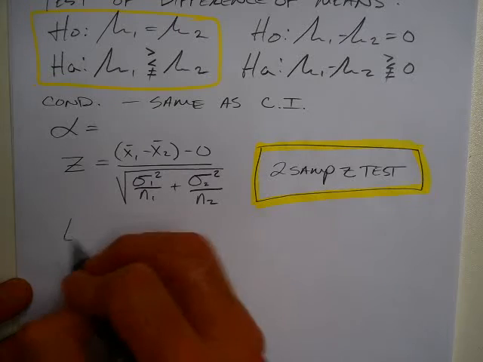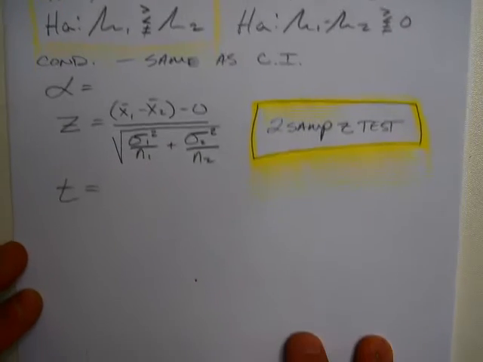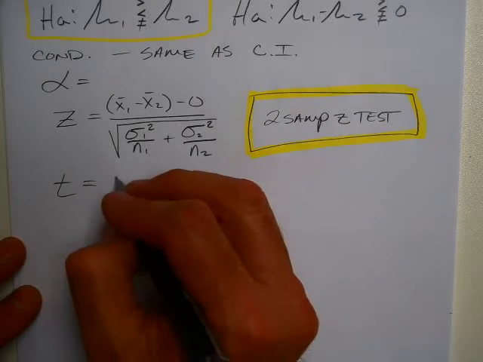So the other one, what if you don't know sigma? This is going to be the more likely scenario. It's exactly the same.